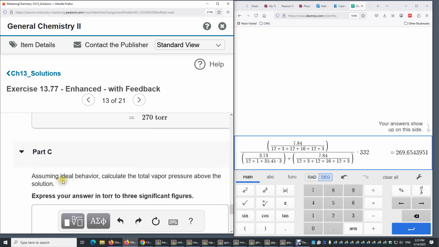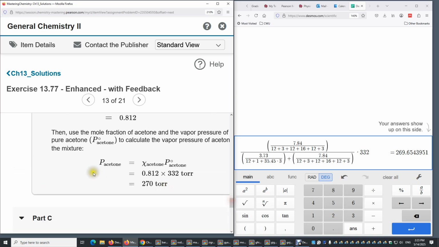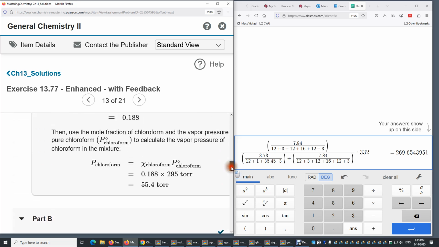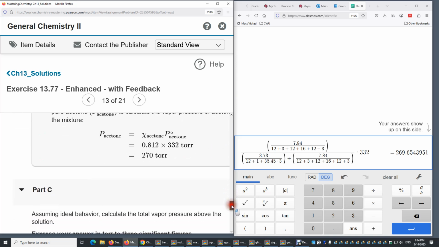Assuming ideal behavior, calculate the total vapor pressure. Well, we just need to sum up the vapor pressure of acetone and that of chloroform. So 55.4 plus 270.